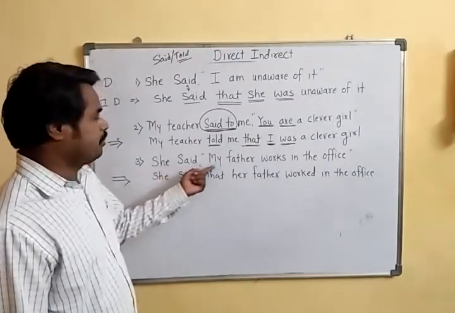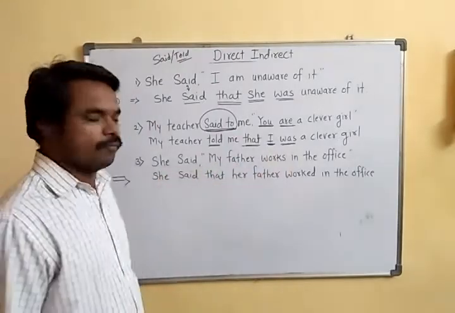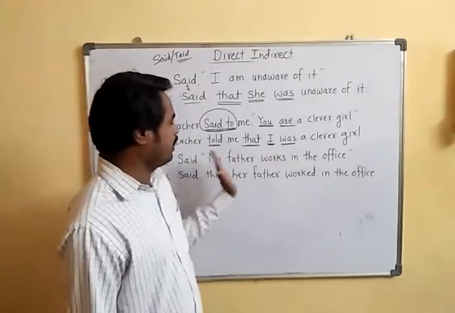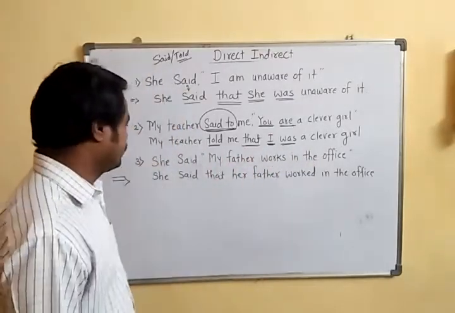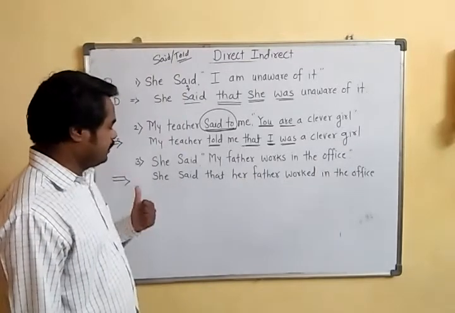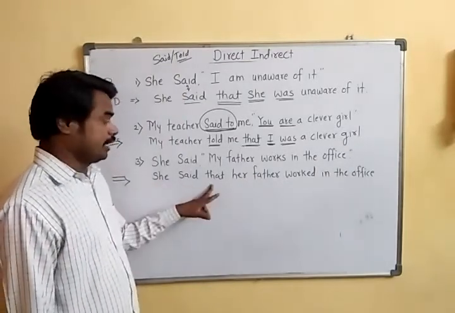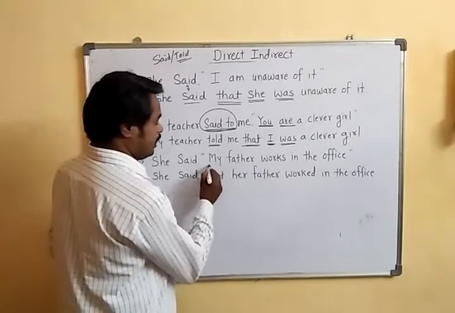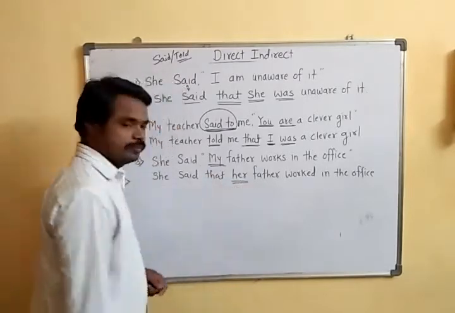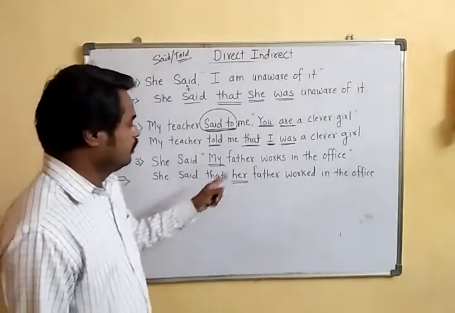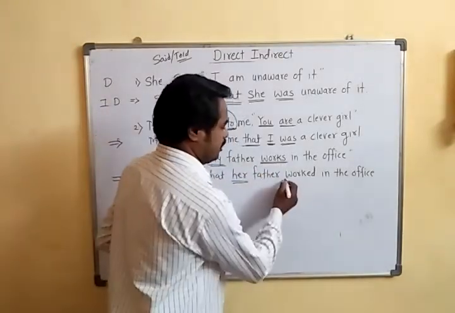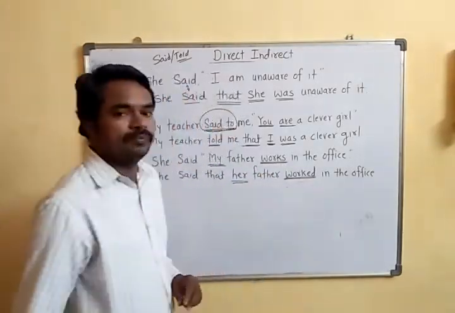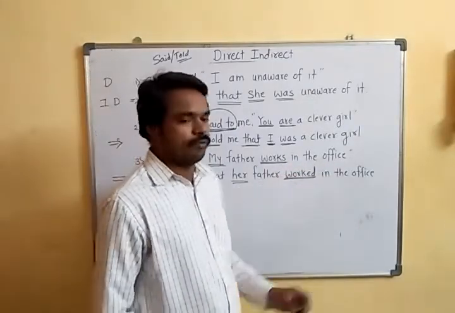Now: she said, my father works in the office. Again, comma, inverted comma, and the sentence is here in inverted commas. How will we begin? She said that. This my will change to her. Now father, this tense is present. Here we are converting it into the past, in the office.